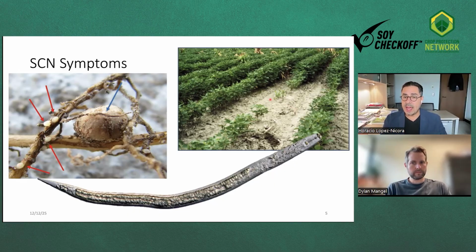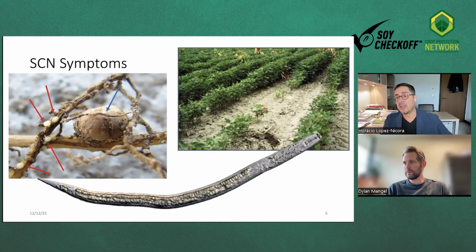In cases when we have additional stressors in the environment, we may see symptoms such as stunted plants, chlorosis. If there is nutrient deficiency, those may be more visible and enhanced. Let's say potassium deficiency. With the presence of soybean cyst nematode, we may see more of that marginal chlorosis.